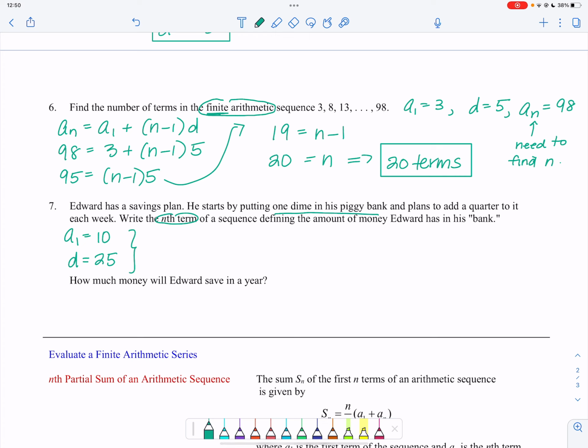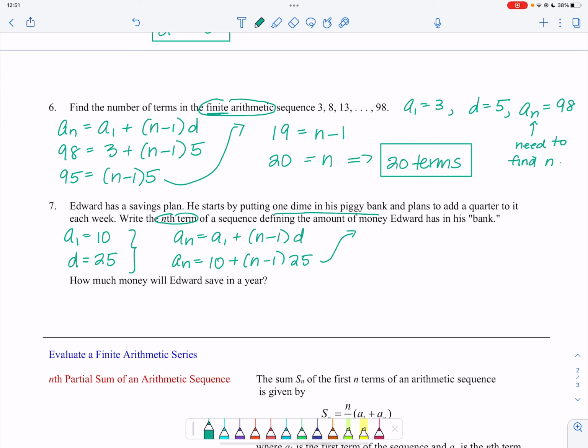We know that a sub n is a sub 1 plus n minus 1 times d. So a sub n is 10 plus n minus 1 times 25.